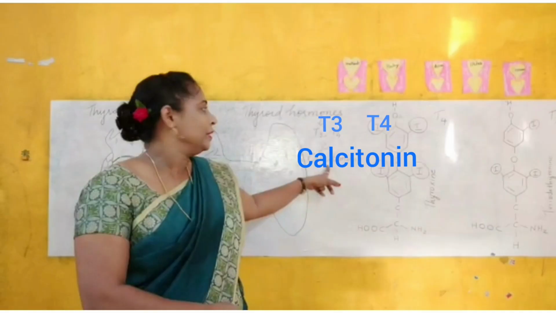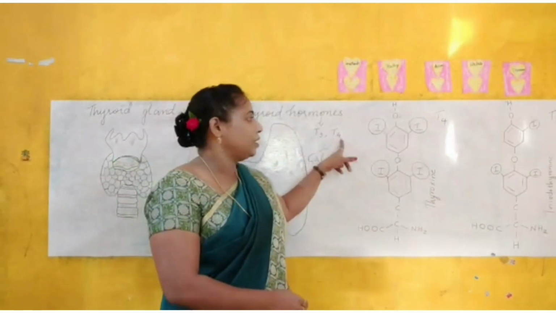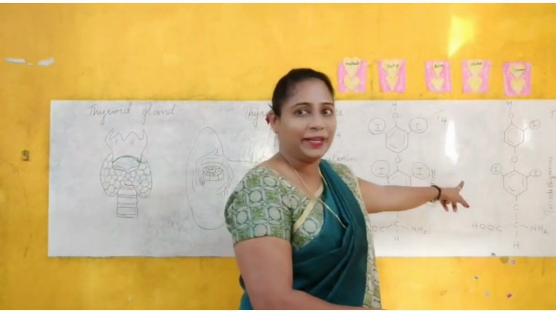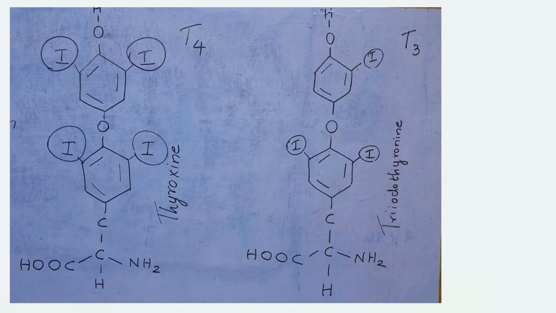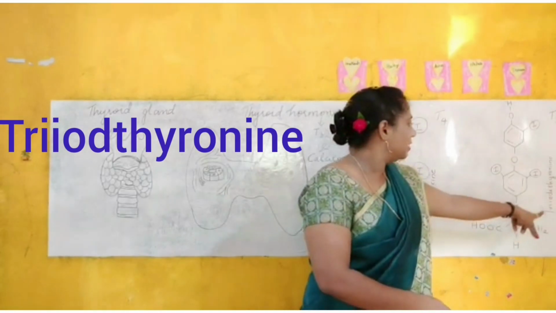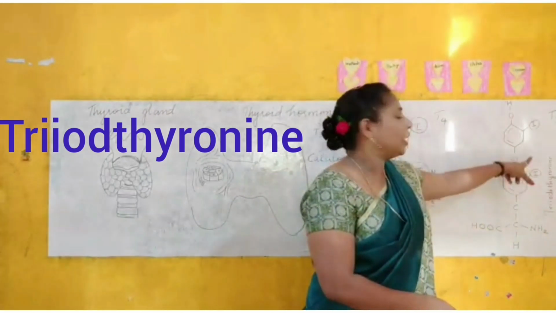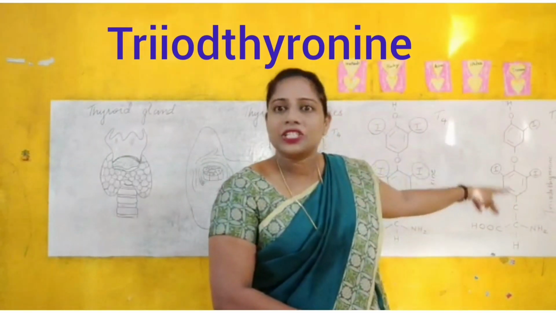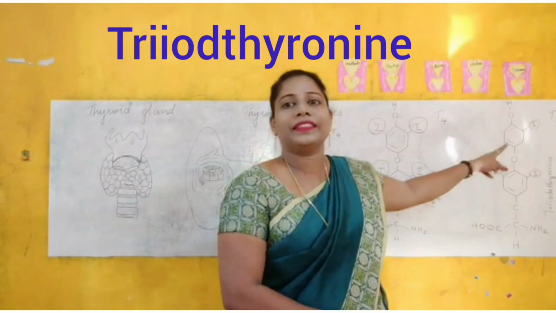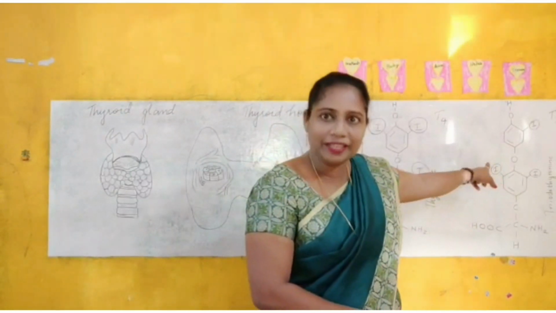Okay, children? So, why do I say T3, T4? Let us go to this diagram. If you see this picture, you can find 1, 2, 3 iodine. Therefore, I call this T3, that is triiodothyronine. What do you call it? Triiodothyronine, T3.